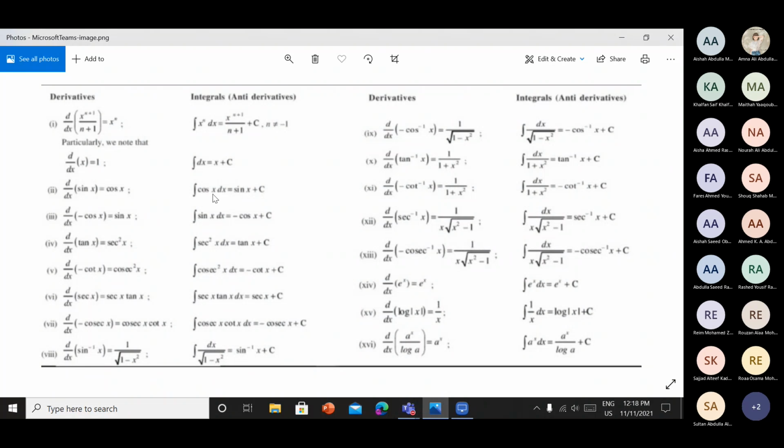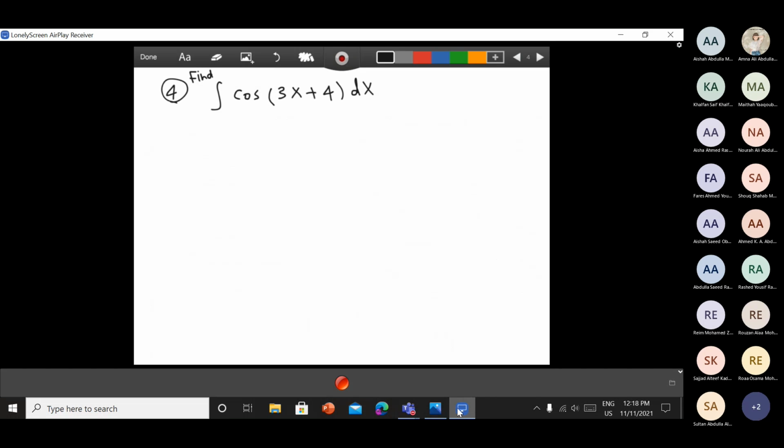The integration of cosine, whatever the angle is, and I have the derivative of the angle, I should have sine of the same angle plus c. Call it x, call it y, call it z. So if I got cosine z, I should have dz to have the integration as sine z plus c. Okay, so I know I have to get rid of this one as a substitution. So I will let y equal to 3x plus 4.